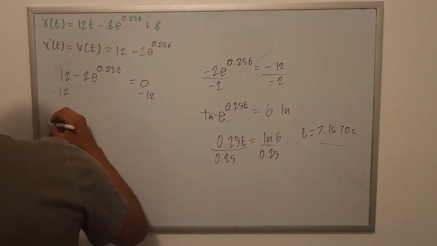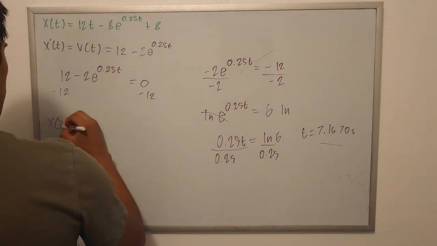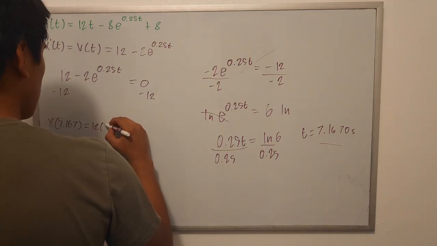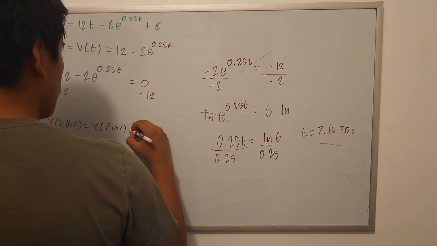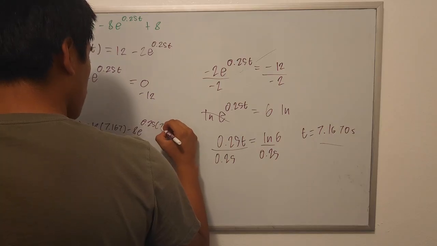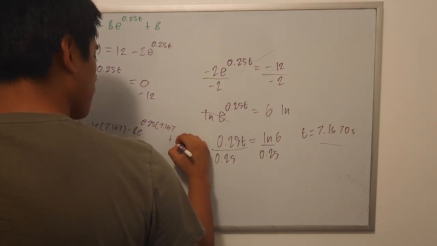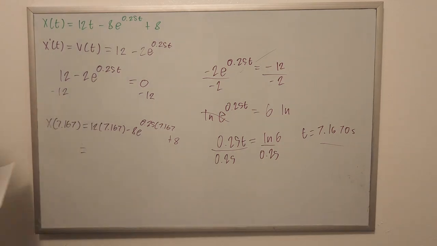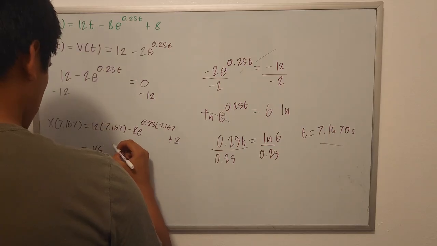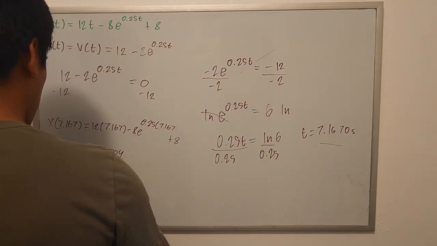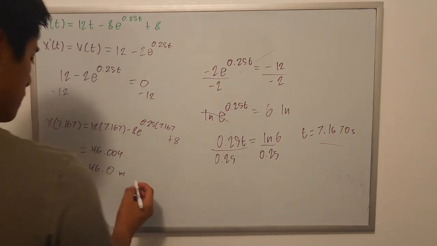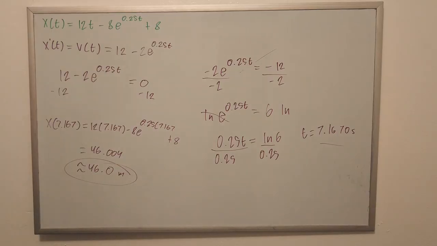So we're going to do x of 7.167. And then that should get you 46.004, or if you round, 46.0 meters. And that's going to be your final answer.